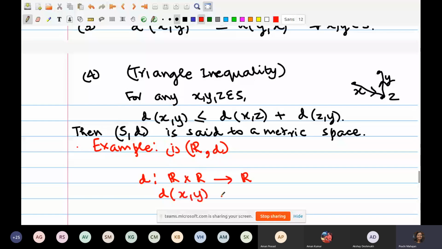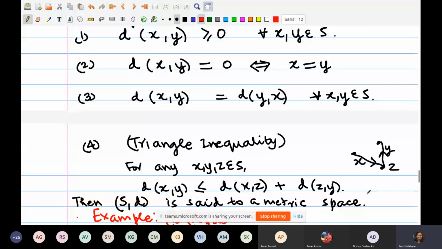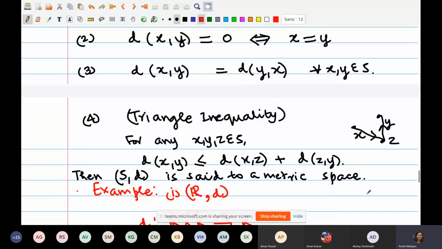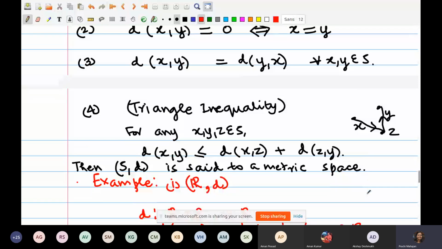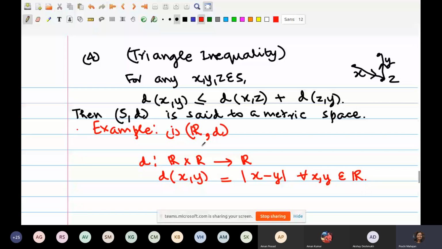I'm going to assign it as the absolute value of x minus y for all x and y in R. Please note that in this example, d is defined to be the absolute value of x minus y. And this function d indeed satisfies 1, 2, 3, and 4. So with this, R, d becomes a metric space. d defines a metric on R. This has a nomenclature: d is called the Euclidean metric.